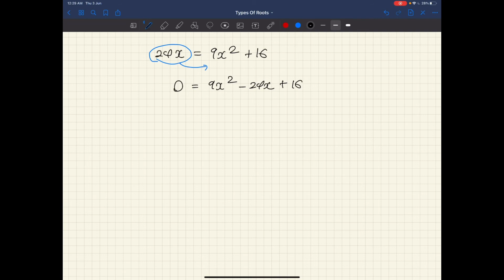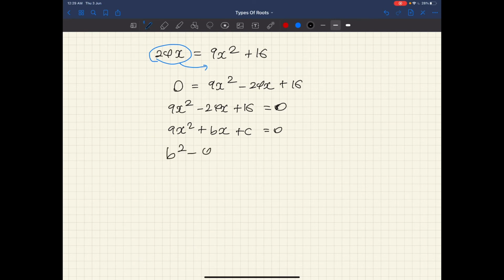I don't want to write this on the right hand side, I'm just going to write it on the left hand side. So this doesn't change the equation at all. Now I have this defined clearly according to my quadratic formula, ax squared plus bx plus c.